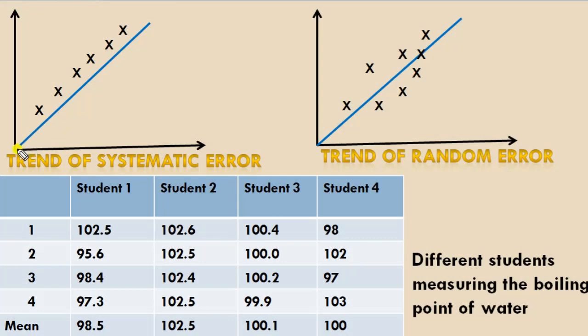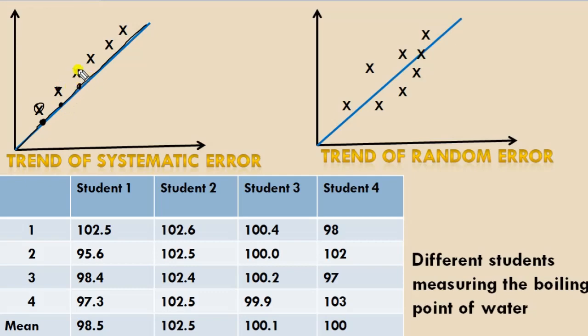To make it further clear, let me show you the trend shown by systematic and random errors. Let's say this blue line represents the true values of the quantity being measured. All the values on this blue line are the true values. When the true value was this, we got a value this. When the true value was this, we got a value this.